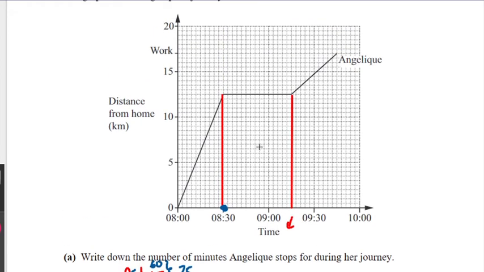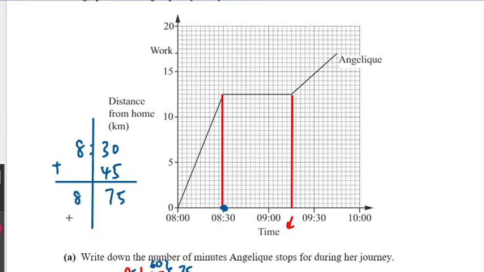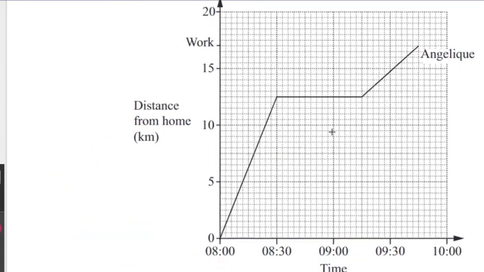So 8:30 plus 45 minutes is 75, and we simplify this because minutes cannot be more than 60. You minus 60, this is 15, and you convert it to an hour, so 9:15. So she reaches here around 9:15.